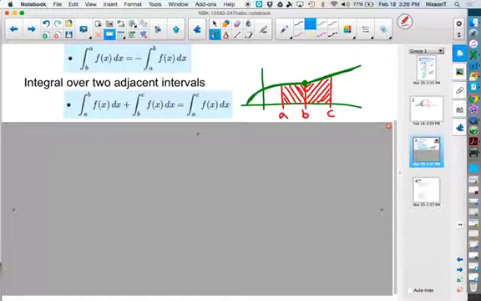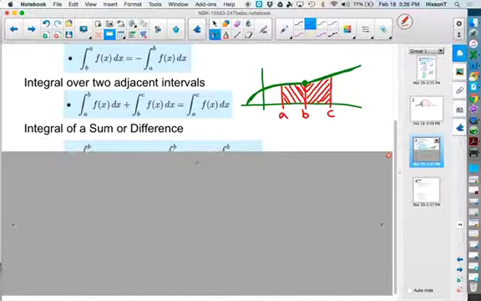If you wanted the integral from A to C, you could go backwards and break it up into two separate intervals to integrate over. Thinking back to geometry, that's our area addition postulate. The area of a whole region is the sum of the areas of the parts that it can be cut up into. That's an old geometry postulate.